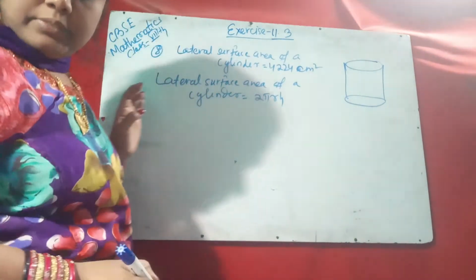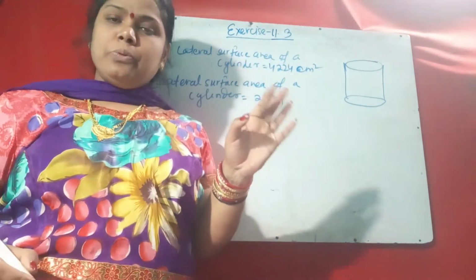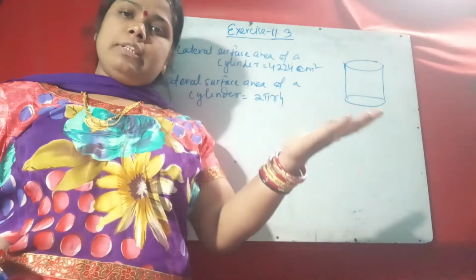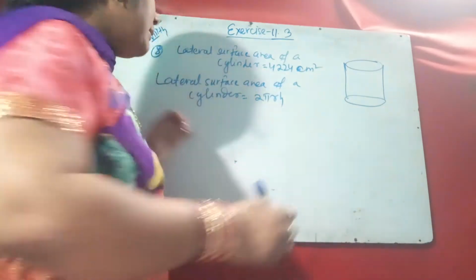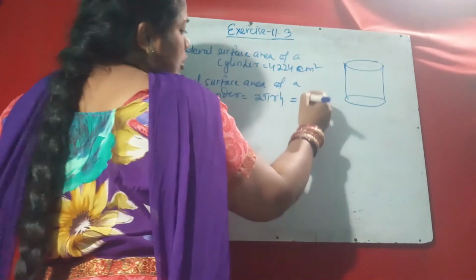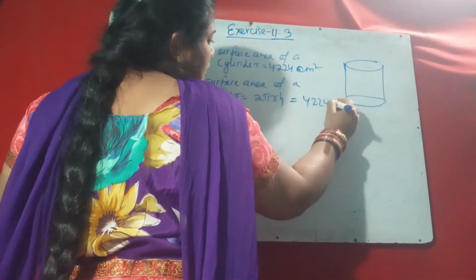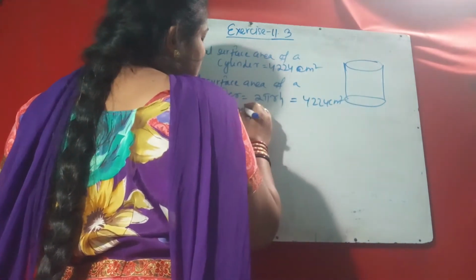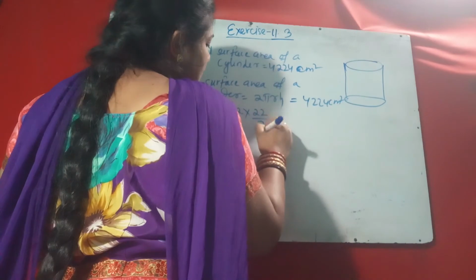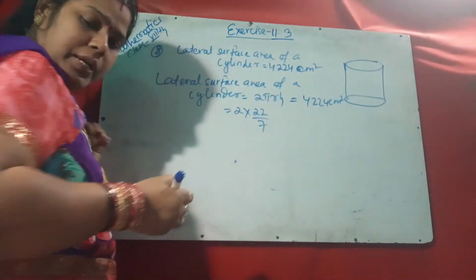Lateral surface area of a cylinder is 2 pi r h, and the area is also given, that means 2 pi r h equals 4224 centimeter square. So here 2 into pi, that is 22/7, into r.